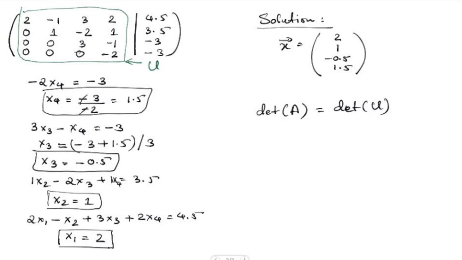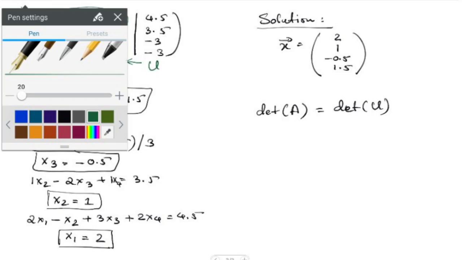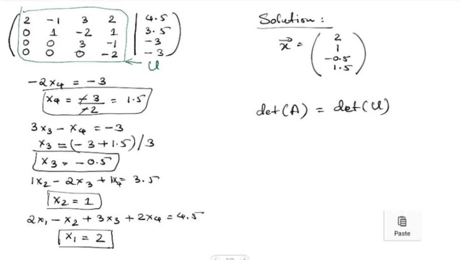And as you know, this matrix of ours is now in the upper triangular form. So we can just find the determinant of this matrix, which will be the multiplication of all the diagonal elements. So we take all the elements in the diagonal of this matrix, that is these elements here, and we multiply them.